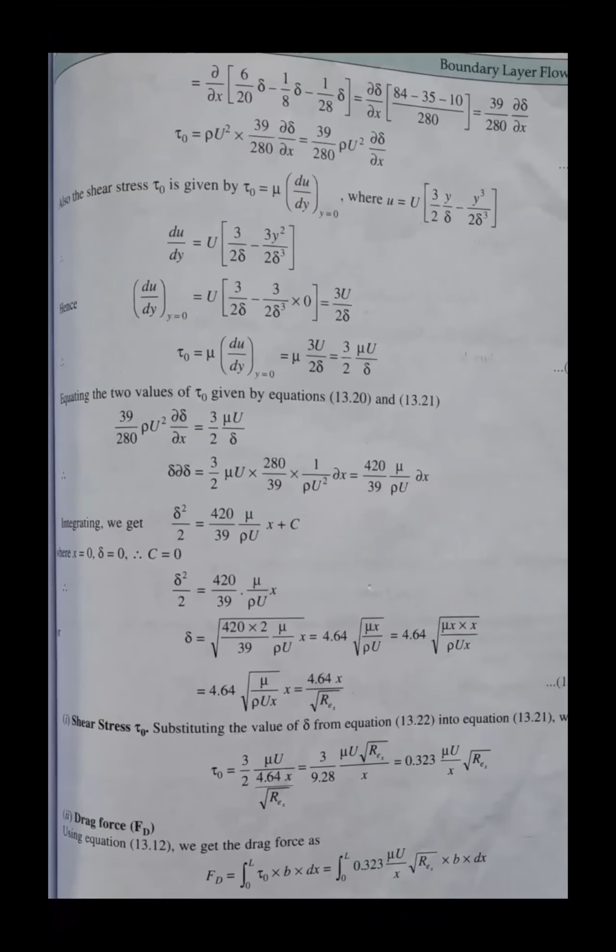So in this way, we'll get Fd is equal to 0.646 into mu U root rho UL by mu into b.